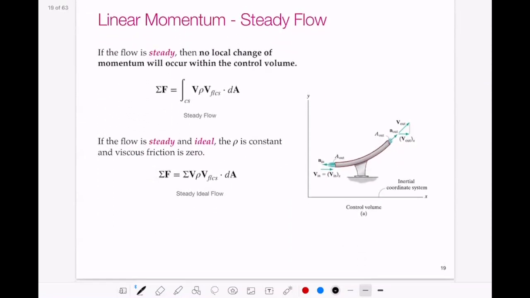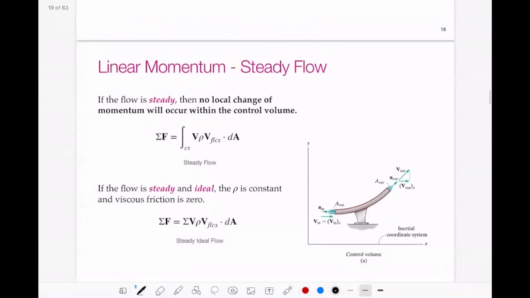So let's look at some sort of example here to try and make sense of this. If our flow is steady, we talked about steady flow, it means we have no local change of the momentum within the control volume. That means at any point within our control volume, the rate of change with respect to time is 0.